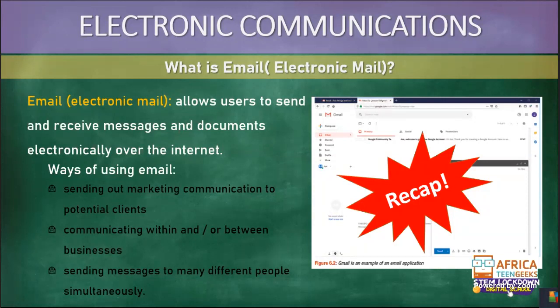So it's a way that is used these days for communication between businesses or even within the one organization, right? Then thirdly, sending messages to many different people simultaneously. That's one of the advantages of email. You just have one email and then you can send it to various recipients.